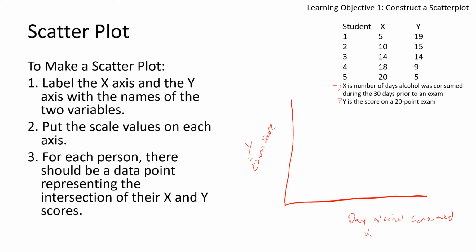We technically don't even need this x and this y here anymore, because we now have them labeled with what they are. Now we need to put the scale on each axis. It looks like both of these scales go to 20. So what we're going to do is just do 5, 10, 15, 20. Now we could do 1, 2, 3, 4, and so on.